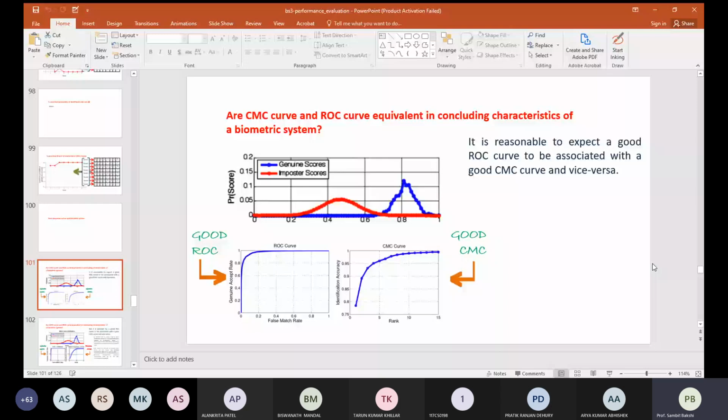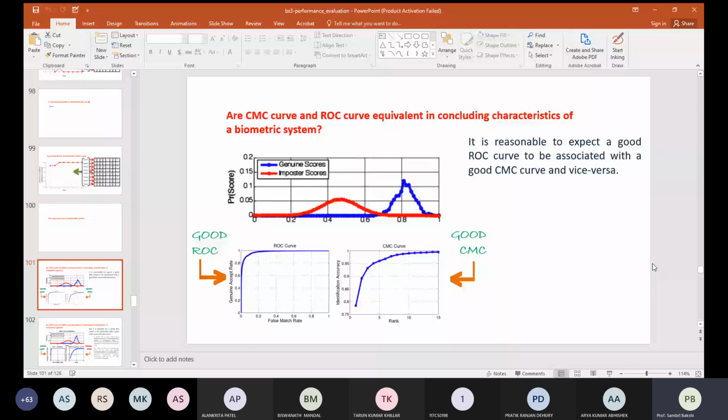That's the usual view. But you realize that the ROC curve is a measure in a verification system, and CMC is a measure in an identification system. And there can be typical cases. Usually good ROC implies good CMC, and good CMC implies good ROC.